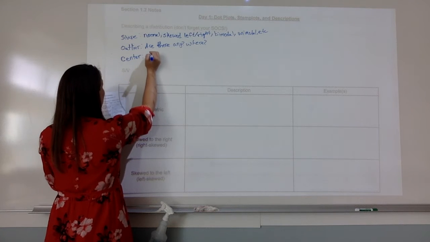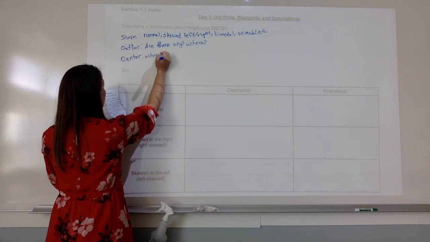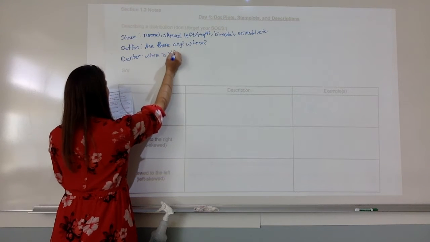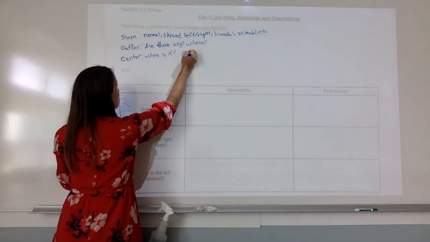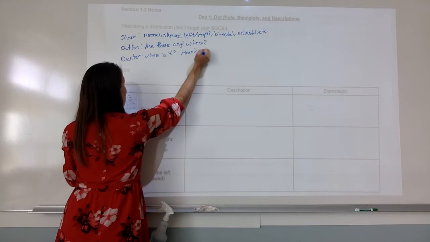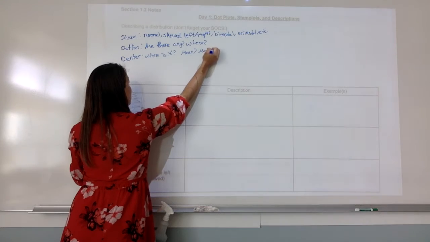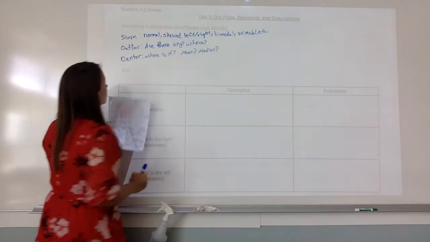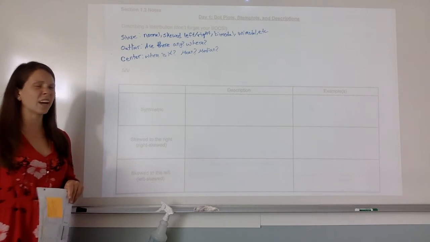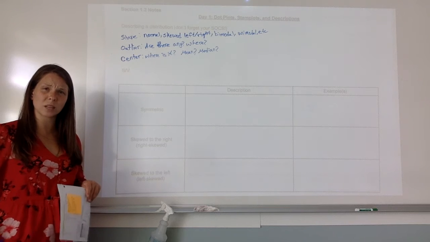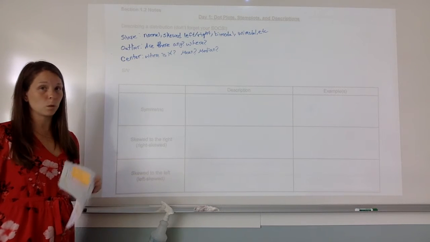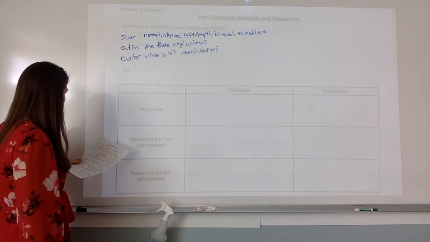Where is the center? Are we using the mean or the median to describe the center? And if you're like, I kind of remember those, but not really, know that that's okay. We'll be defining them here in just a moment.